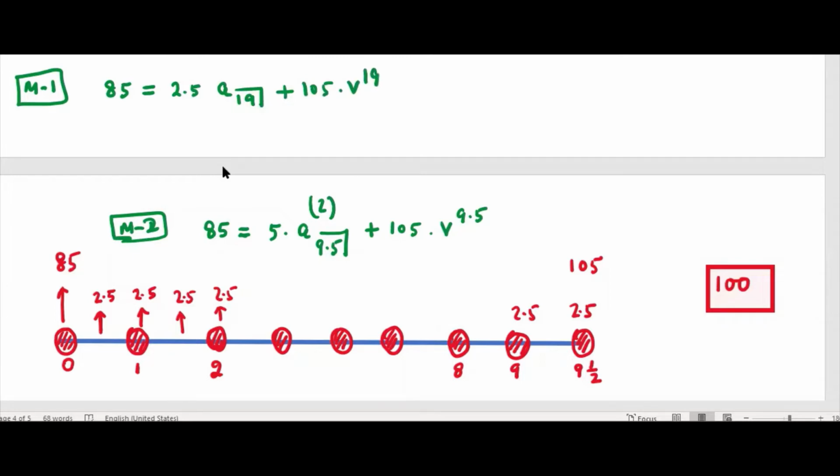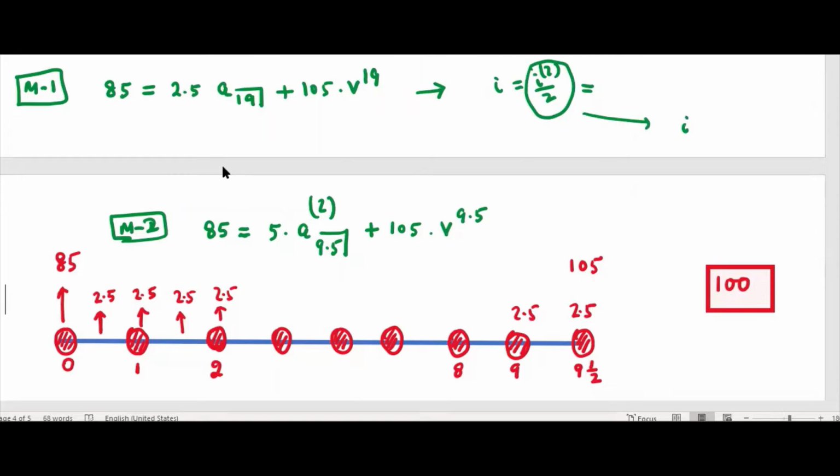If you solve this equation, you get i, but that i you get is actually i2 by 2, because we get the period interest rate, that is half year. From i2 by 2, you have to find your original i.